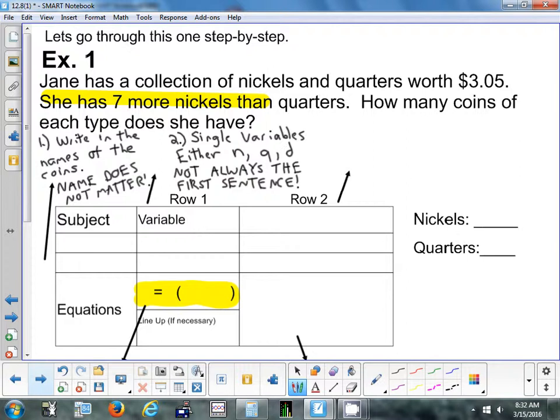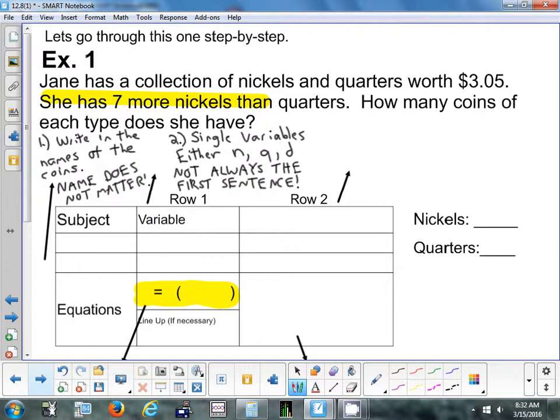How many coins, not how much they're worth, but the amount that you have in your pocket, all right? That's not always going to be the first sentence in the problem. It's not always going to be the first sentence, right? The first sentence could be the amount of money that the coins are worth, right? We don't want to put that in the spot. Row 1 is always going to be the single variable.